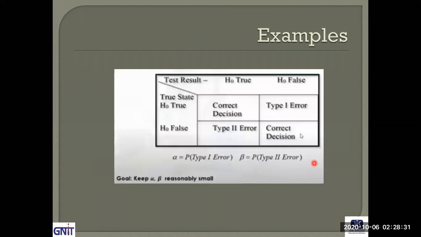So from here we can find two parameters, alpha and beta. So what is alpha? Probability of type 1 error. What is type 1 error? The range of students that fall between 21 to 23 age, that is type 1 error. So alpha is nothing but the probability of type 1 error.